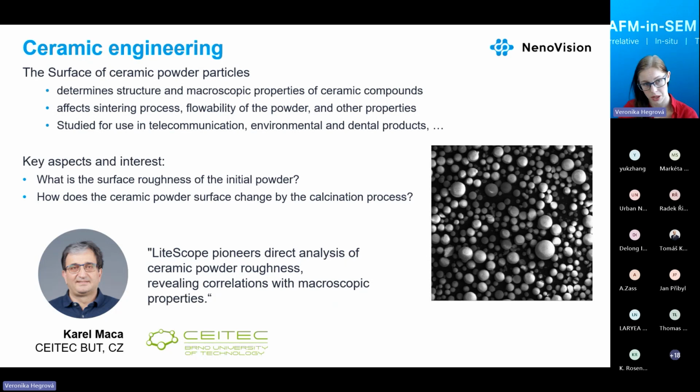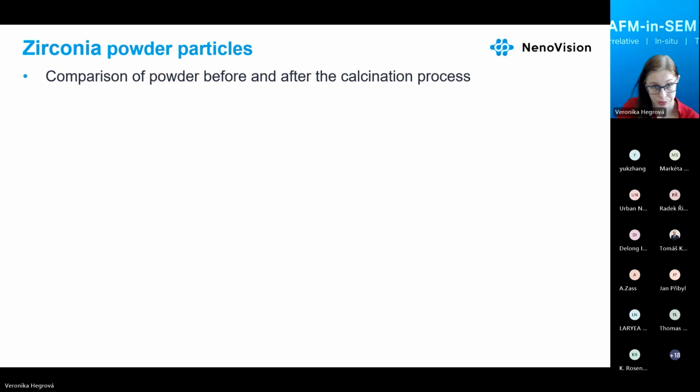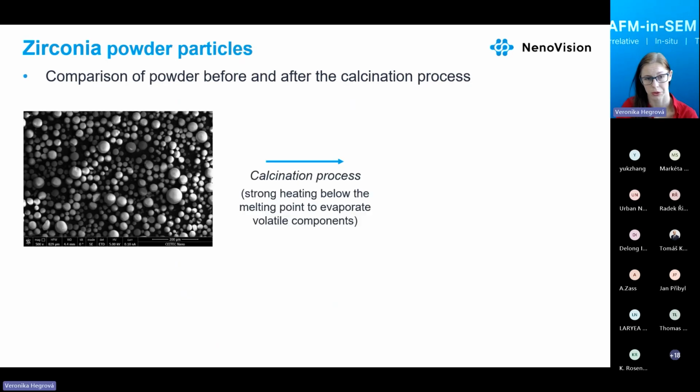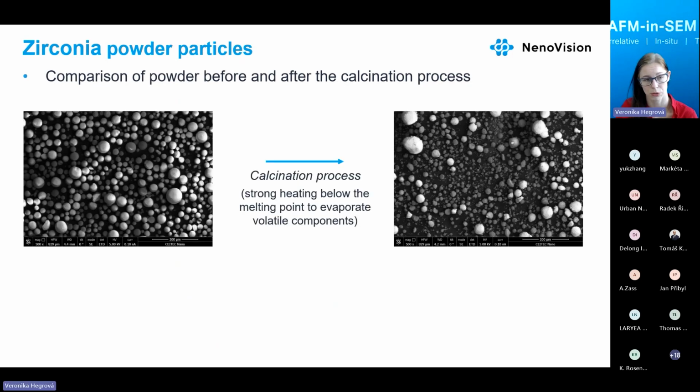So our question was, what is the surface roughness of the initial powder, and how does the ceramic powder surface change by the calcination process. So from the overview, before and after the calcination process, we don't see much.